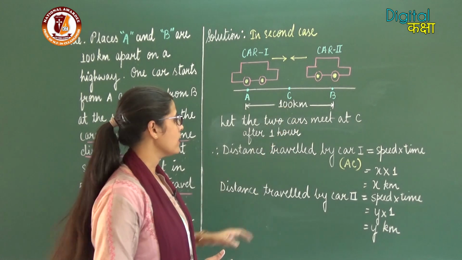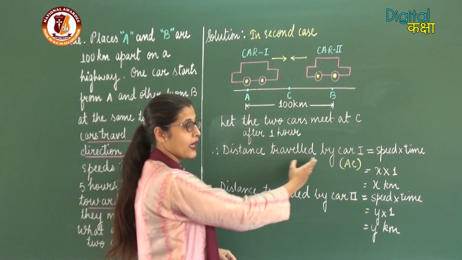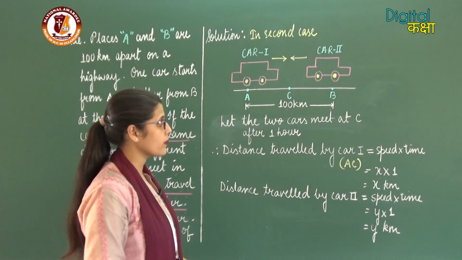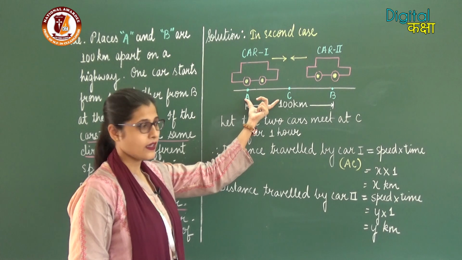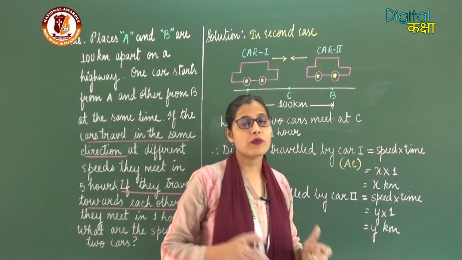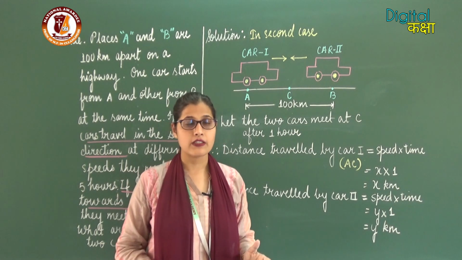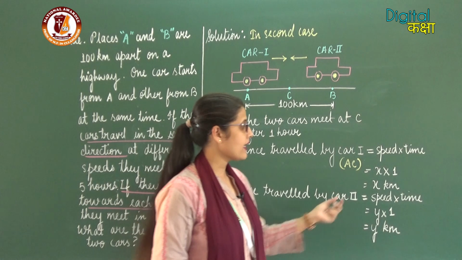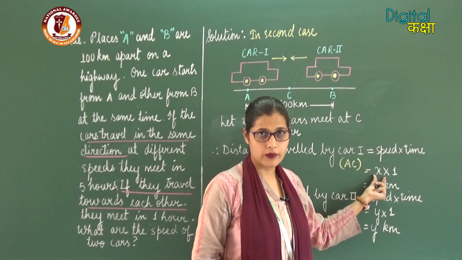The distance travelled by car 1 after 1 hour will be AC, which is equal to speed into time, and we assumed in the beginning that the speed of car 1 is x kilometer per hour.